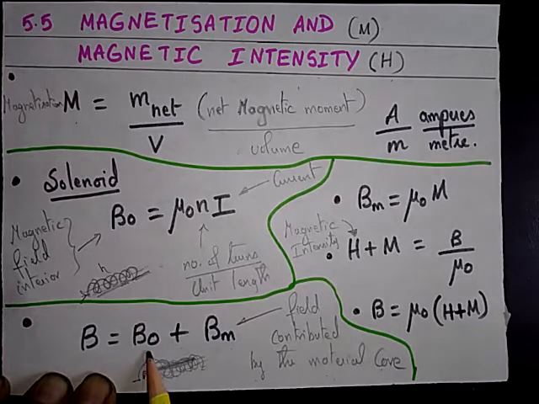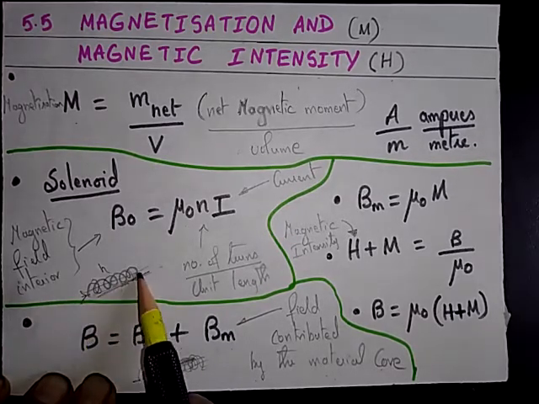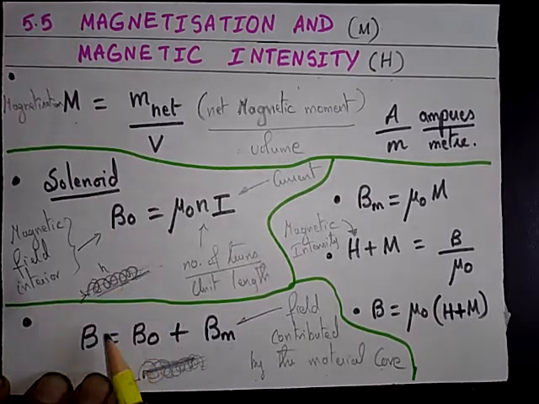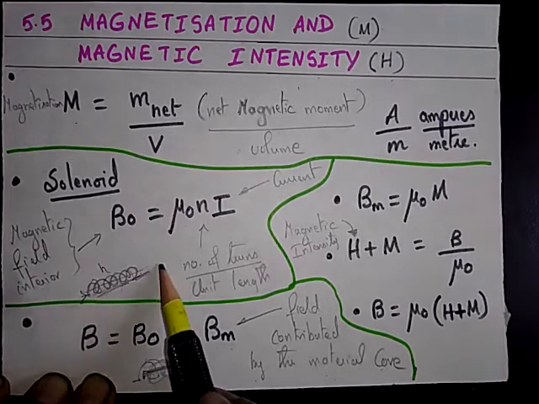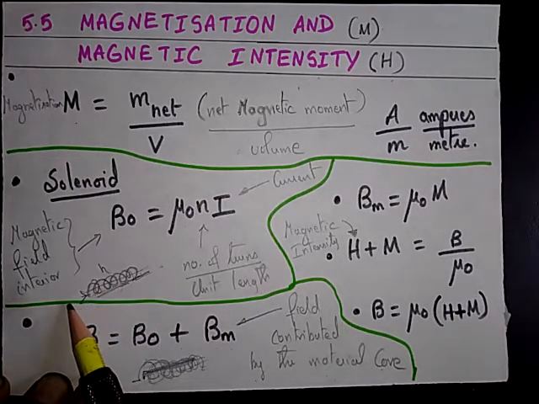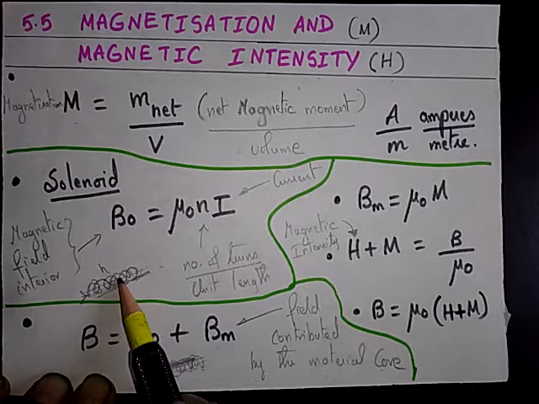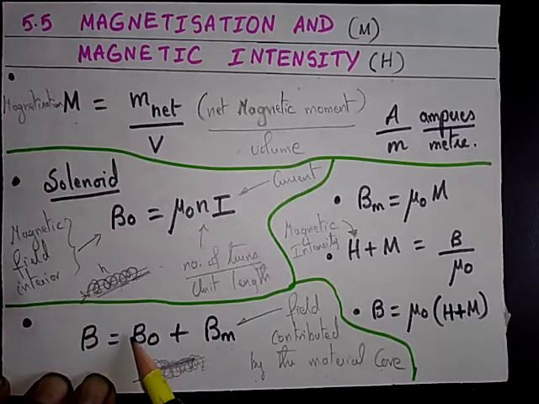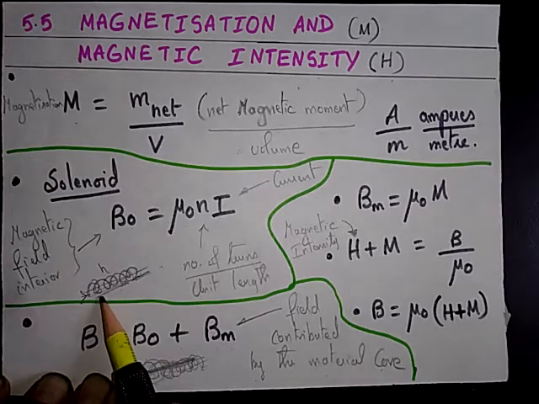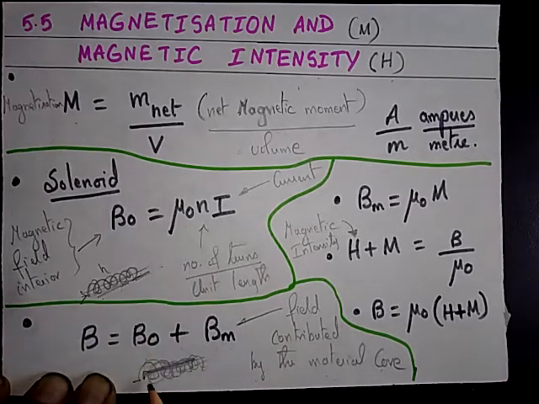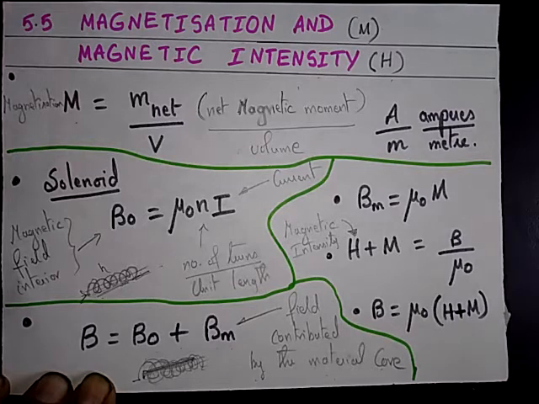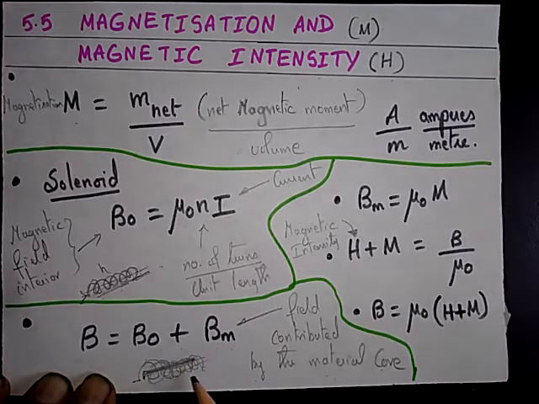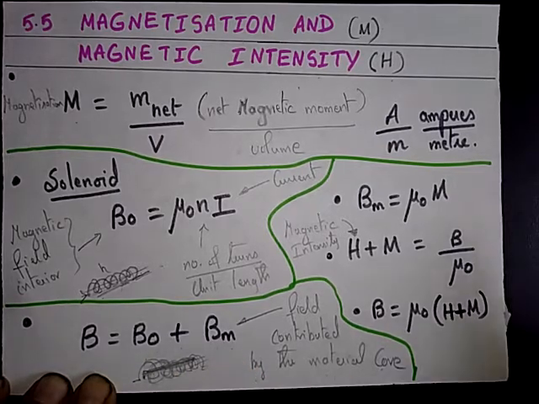So a coil which carries a current I will have about 98% of the magnetic field density inside the coil, that is B naught. So this we can approximately say without the core. Now if you insert the core, then the magnetic flux density gets increased. So the total magnetic flux density B is equal to B naught plus Bm.